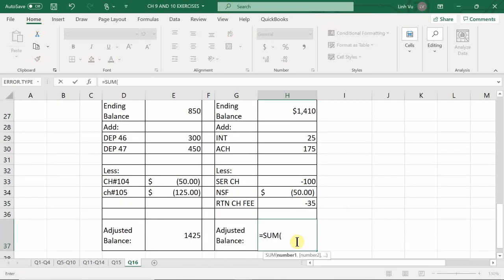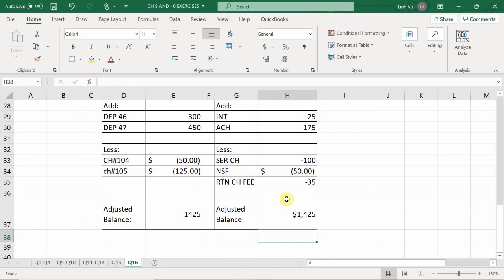Once again, what you're going to do is start with your account balance of $1410, right? You're going to add $25 for interest and add $175 for the auto clearinghouse, and then you're going to subtract your service fee of $100, subtract that $50 NSF, and then subtract that $35 for the return check fee.